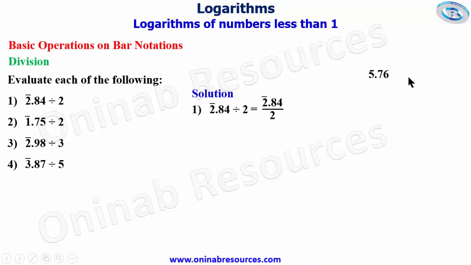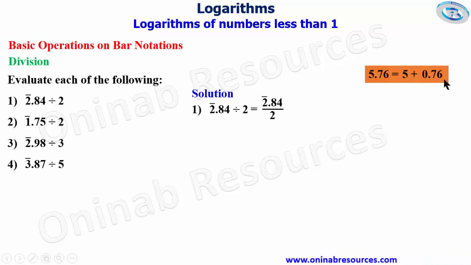Like the whole number part here is the 5, which is the integer part as it is being referred to here. Then the fractional part is going to be plus 0.76. In the same way, we are going to split this. So that's going to give us bar 2 plus 0.84.